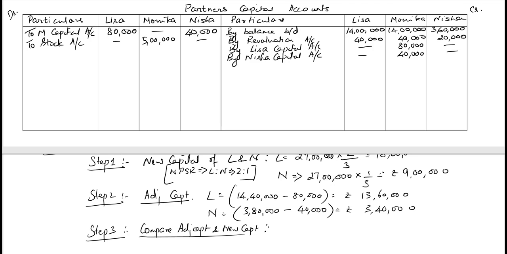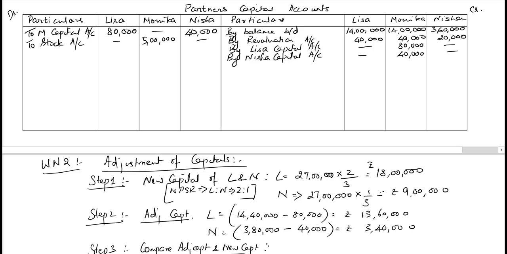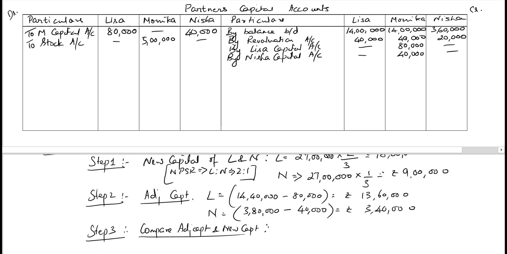We'll begin with Lisa. Lisa's adjusted capital is 13,60,000, whereas the new capital is 18 lakh. So we need to debit the current account with the difference. So debit Lisa's current account with the difference, which is 18 lakh minus 13,60,000, which is 4,40,000.